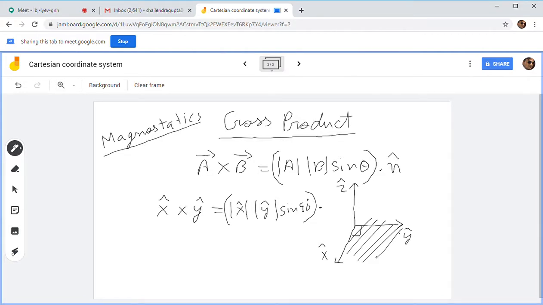There are two vectors which are normal to this xy plane: it is vector z, or it can be minus vector z as well. So if you take the cross product of unit vector x and unit vector y, the resultant vector could be in the positive z direction or the negative z direction. So how will you tell in which direction it should be?